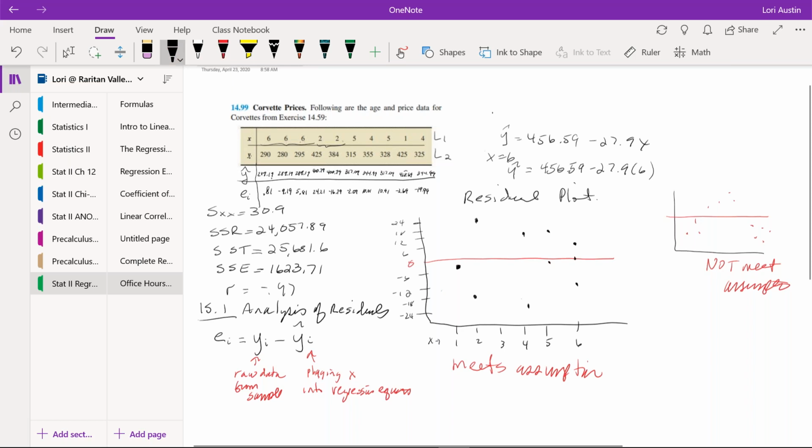Another example would look like this. Suppose our data starts off really closely clustered and then all of a sudden gets really far away. That does not meet assumptions.